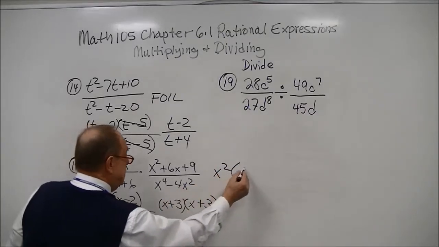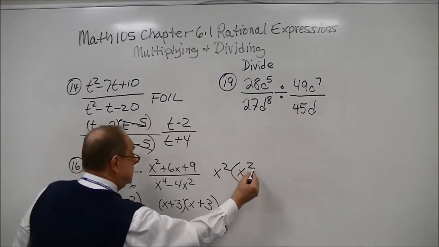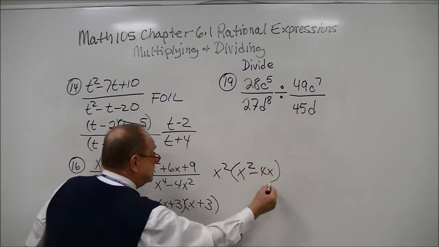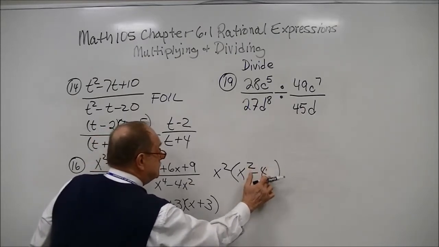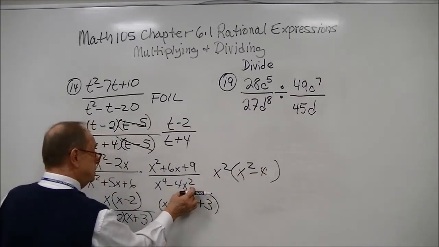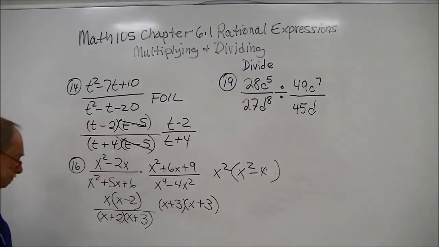And then I get x to the second minus 4x. Minus 4, no x. I'm factoring out the x squared. So I get x squared minus 4. That's better.